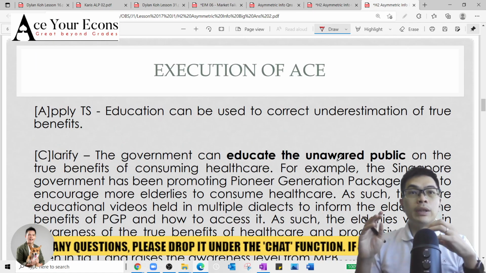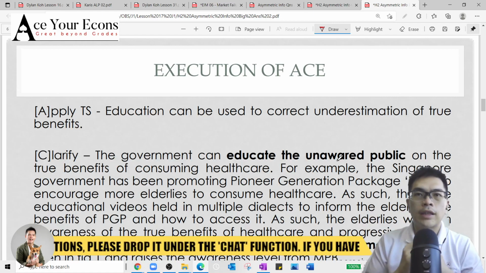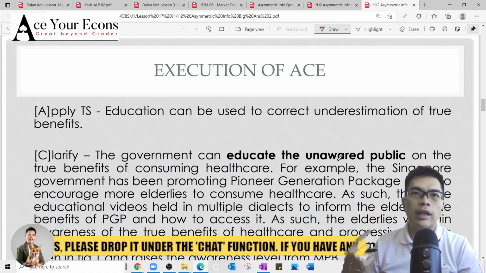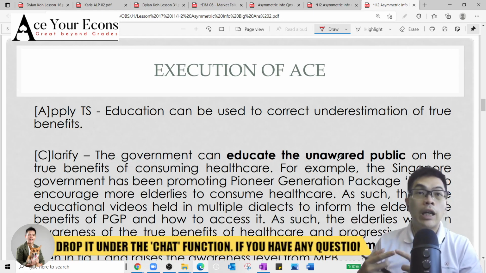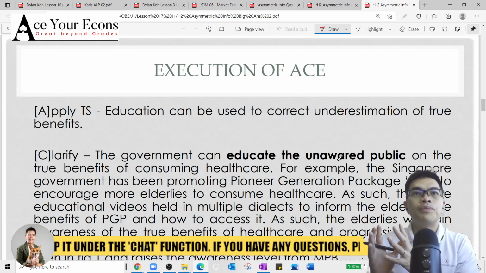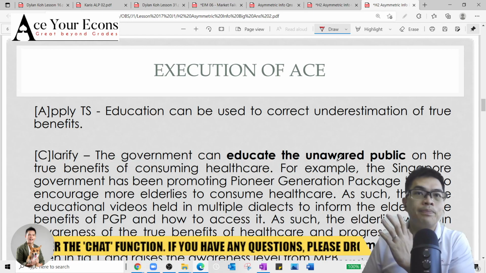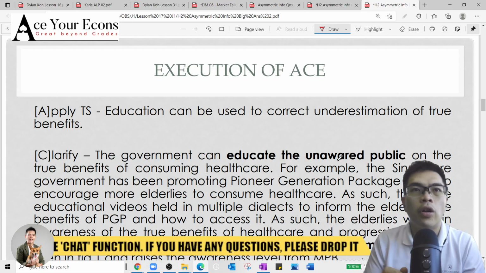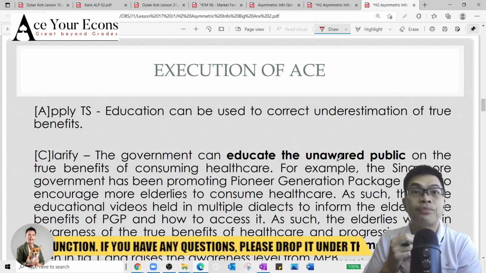One of the biggest issues mentioned on the imperfect info side for lesson 16 is that students often get underestimation of true benefits and external benefits mixed up. External benefits means that consumers have full awareness already. Therefore, it is impossible for consumers to underestimate true external benefits.